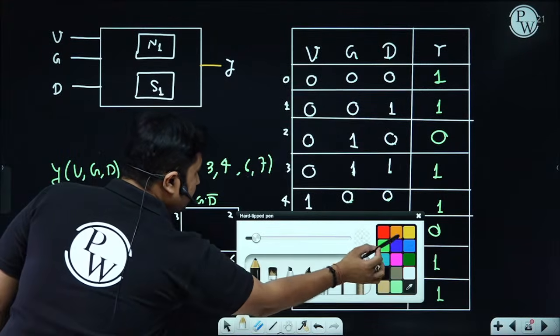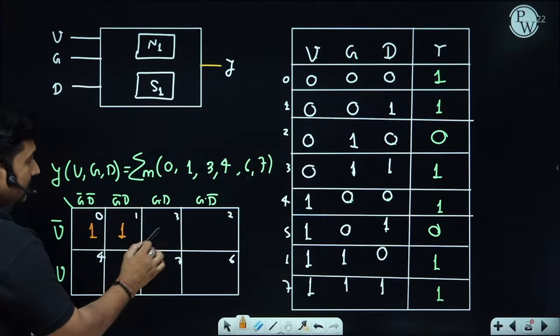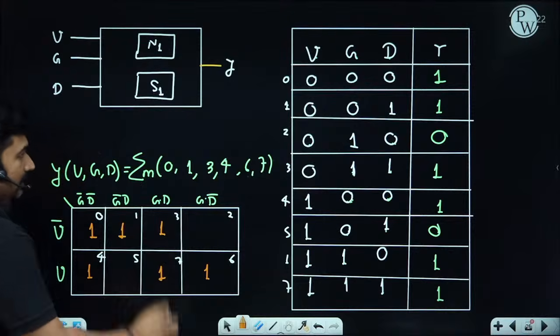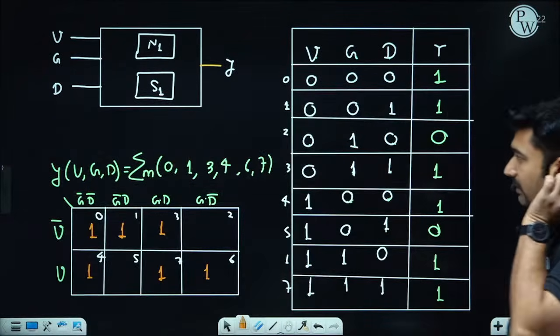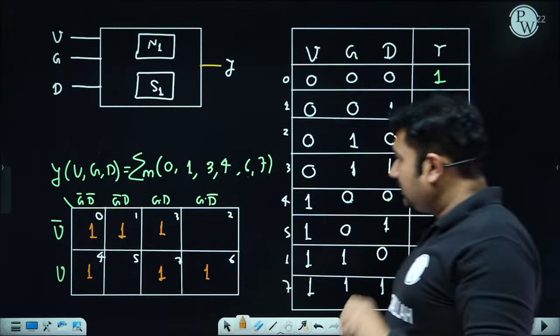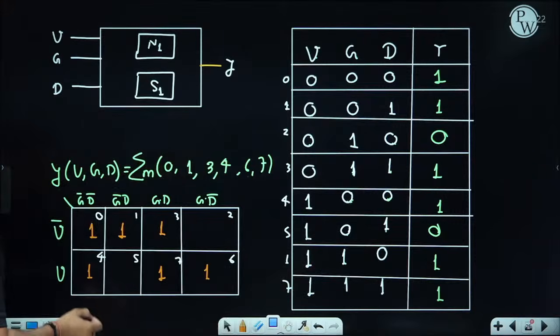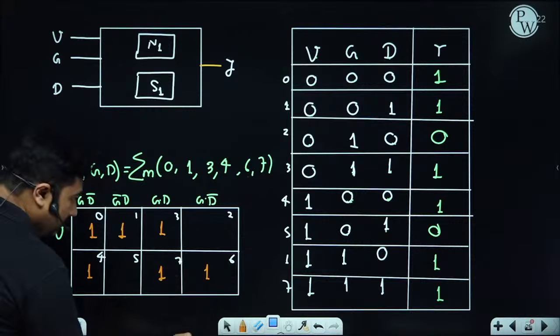Now we have logic level 1 at 0, 1, 3, 4, 6 and 7. So you can observe how to do the minimization. First of all, we have to identify the EPIs, and if you observe, this one can be done with this as well as the corner ones.